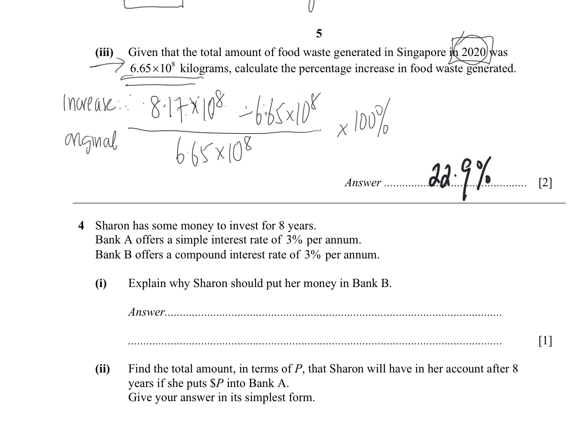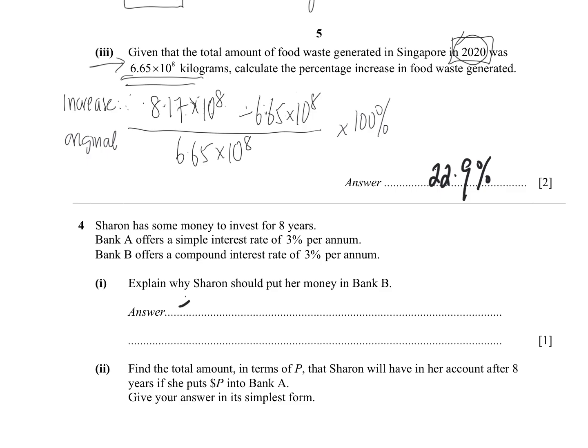Oh, they just want you to explain why it is better to put your money in bank B. So as long as it is beyond 1 year, right? The first year, the interest rate is the same. Okay, when it's 1 year. But moving from 1 year onwards, or she's putting it in for 8 years, right?